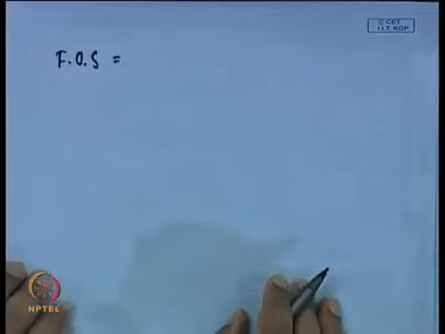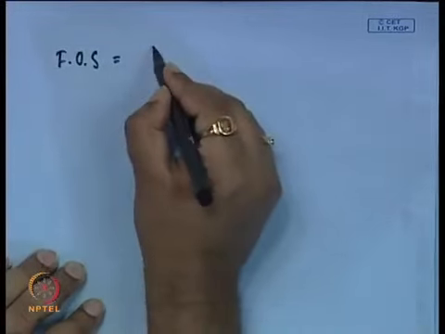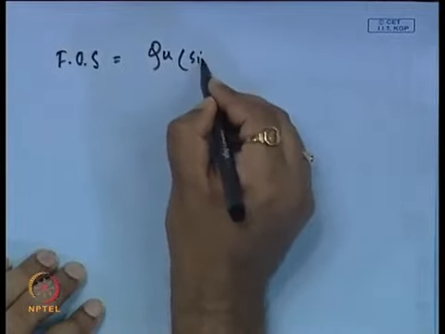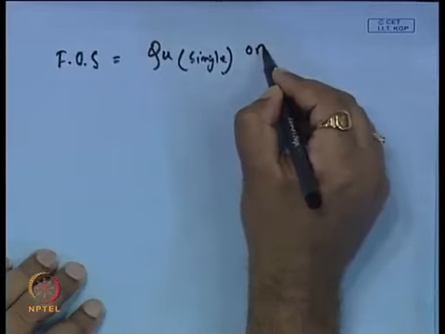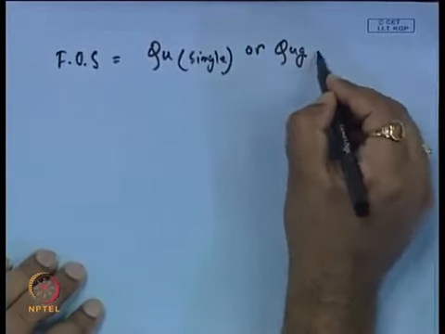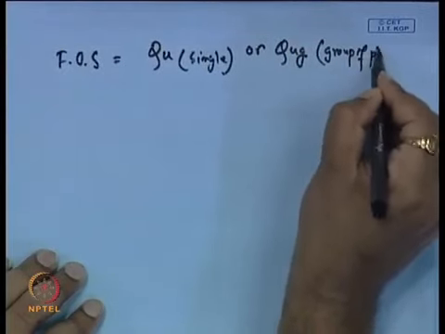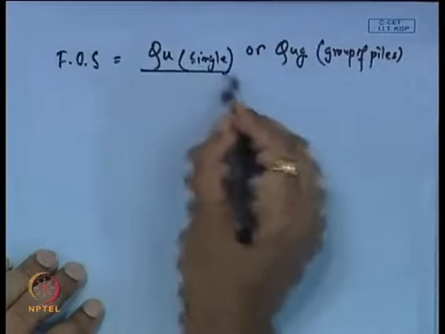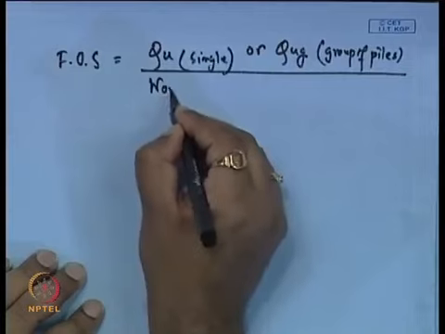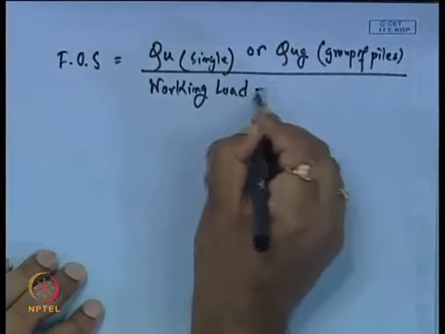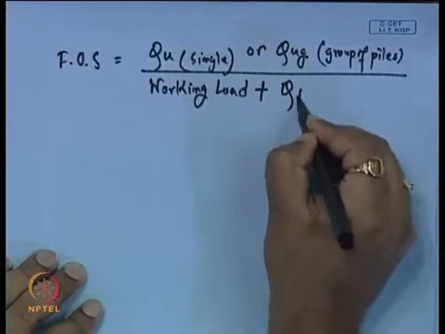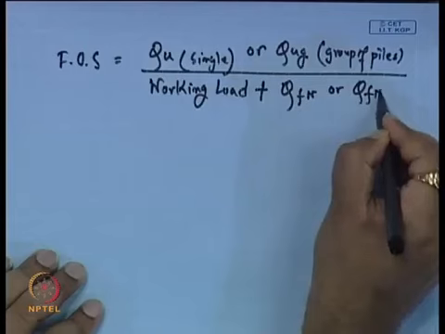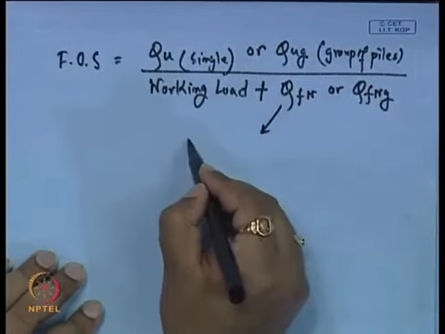So, then we have to calculate the factor of safety. Now, factor of safety is the ultimate load carrying capacity of the pile, single pile Qu or group of pile Qug, divided by the working load plus the negative skin friction, that is Qfn or Qfng.